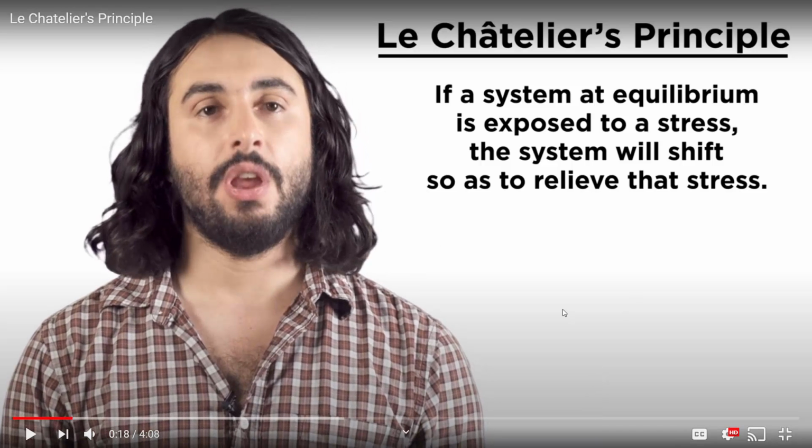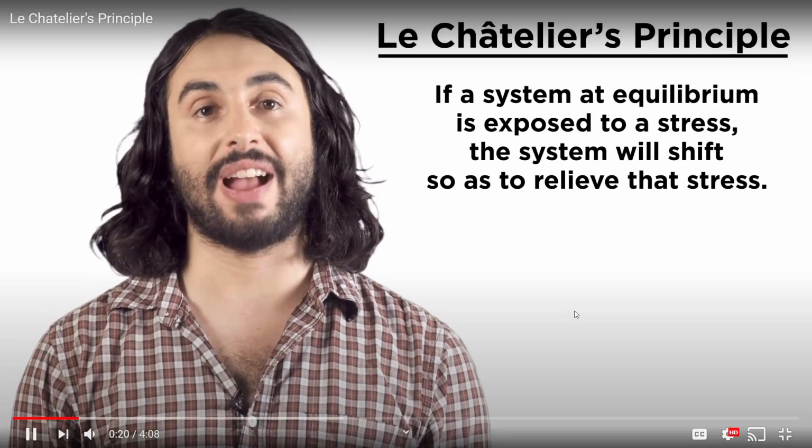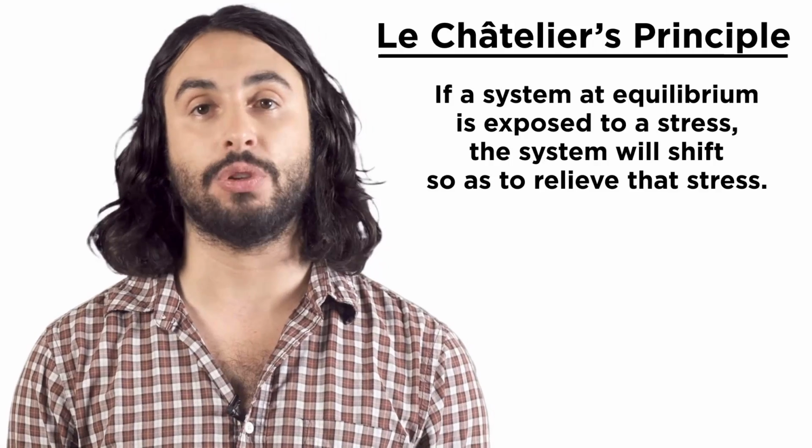So if a system is at equilibrium and you add more product or you add more reactant, that is going to stress that system, and the system will shift to accommodate that excess product or that excess reactant. Let's see some examples of a stress we could put on a system at equilibrium.